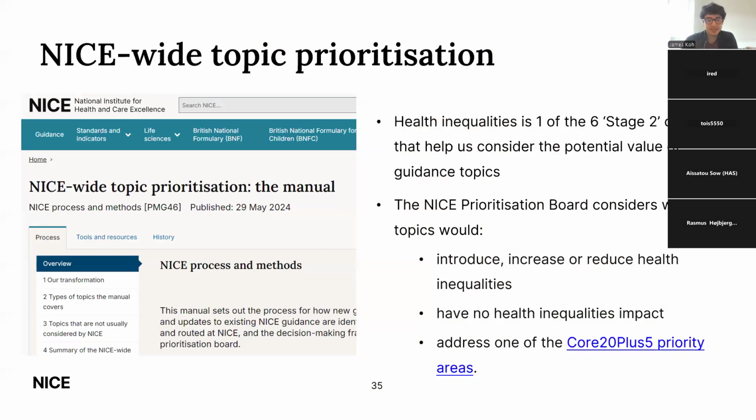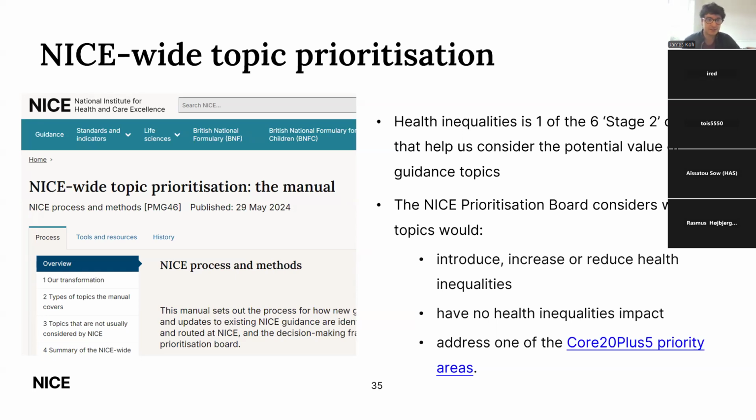Also, a lesser known feature of NICE's work is its topic prioritization. So basically, there are more technologies and interventions than NICE can look at. That's probably not a surprise, but it is something NICE has to deal with in terms of prioritizing which topics it looks at out of all of the potential candidates. And it has a transparent and explicit topic prioritization process, and that includes consideration of health inequalities.